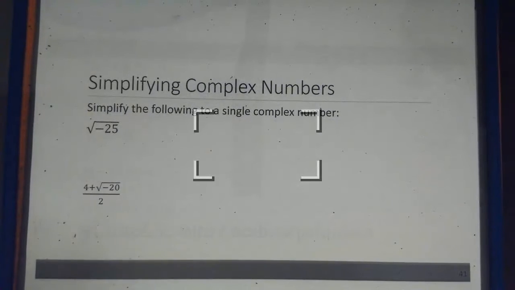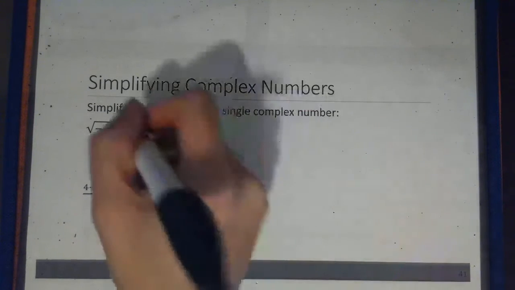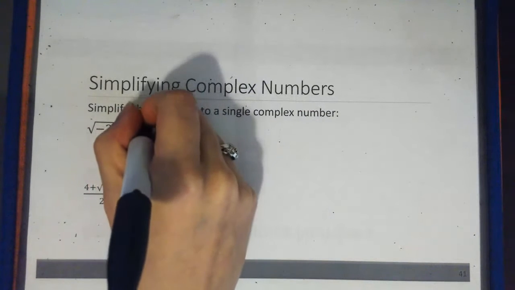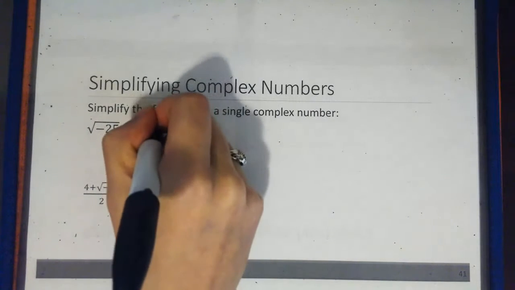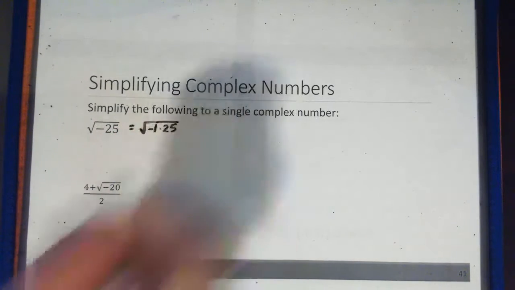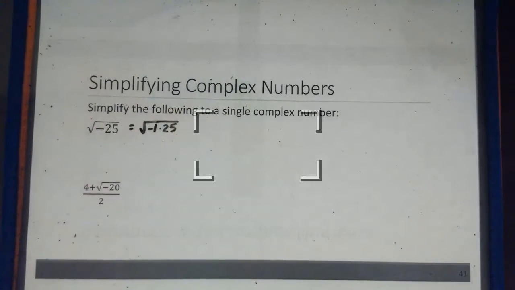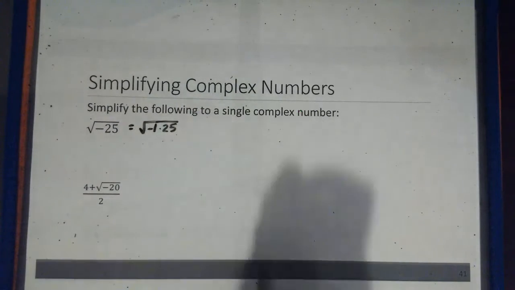So we're going to start by looking at the square root of -25. It wants us to simplify it into a single complex number, so something in the form a plus bi. Since I see the square root of -25, I can break this into the square root of -1 times 25, because -1 times 25 is -25.